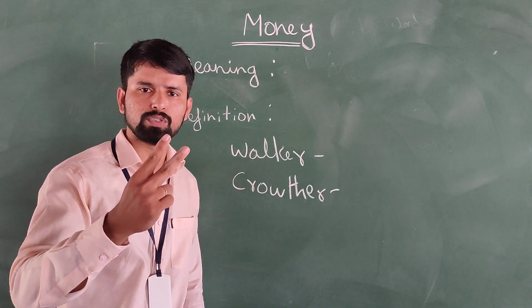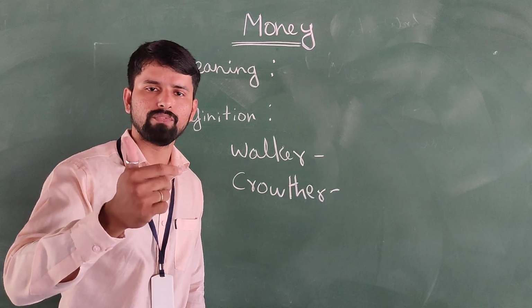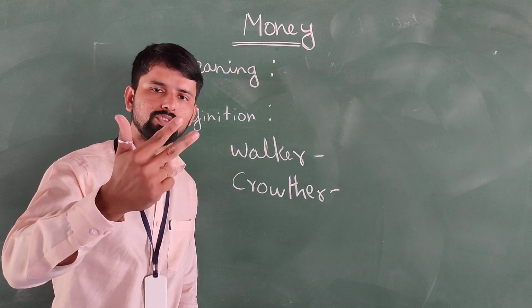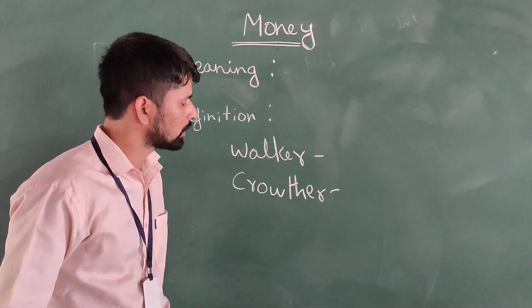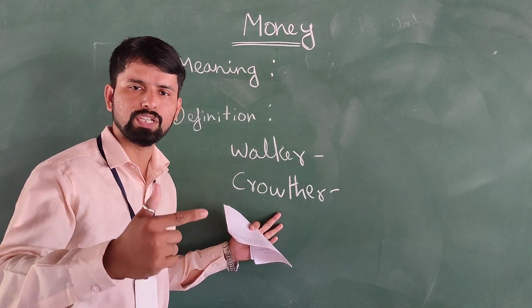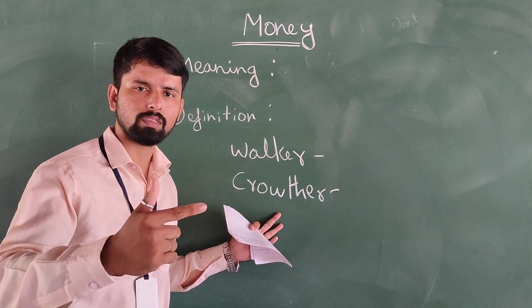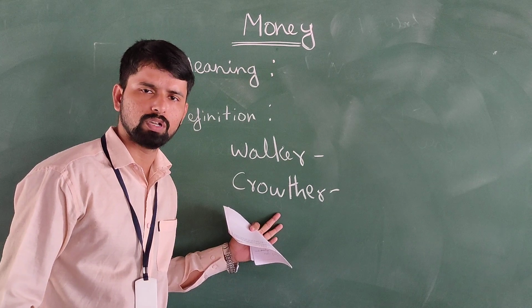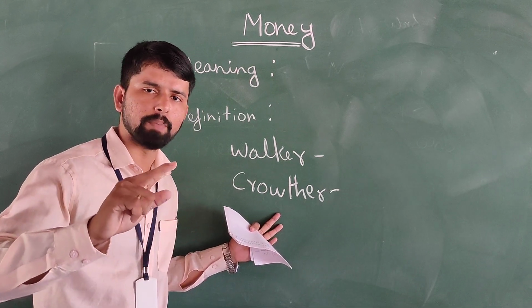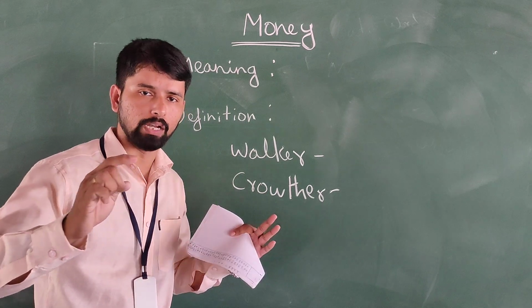Crowther gives three terms here: general acceptance, store of value and measure of value. He says that money is anything which is in general use, and at the same time acts as the measure of value and the store of value.